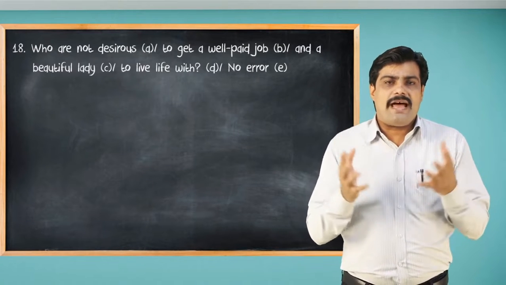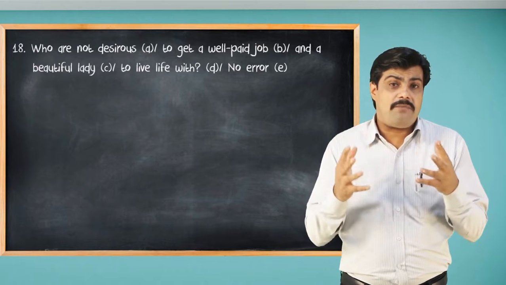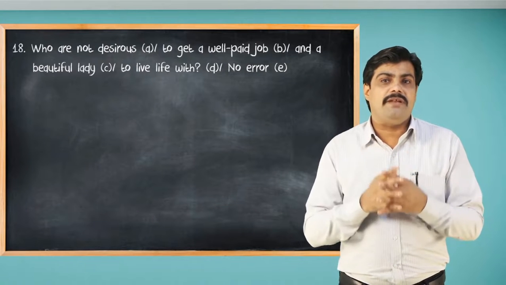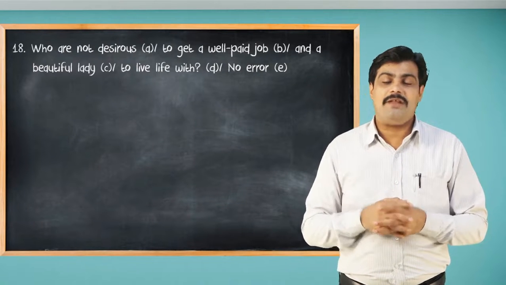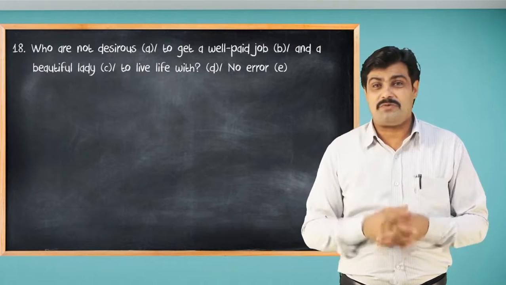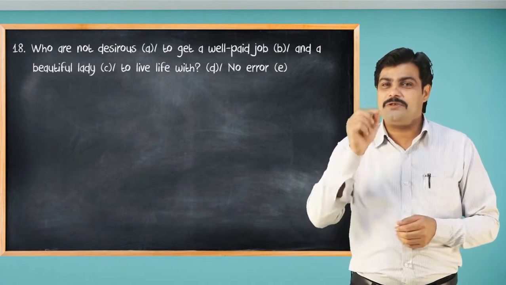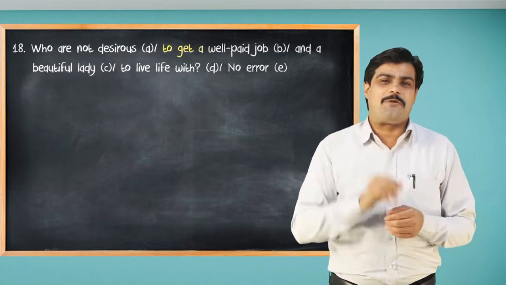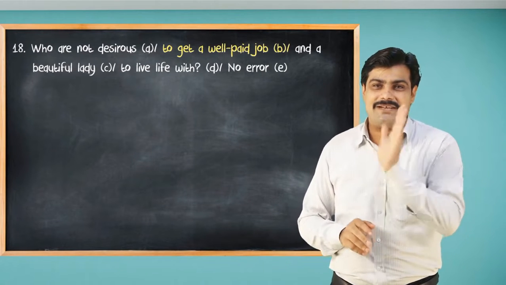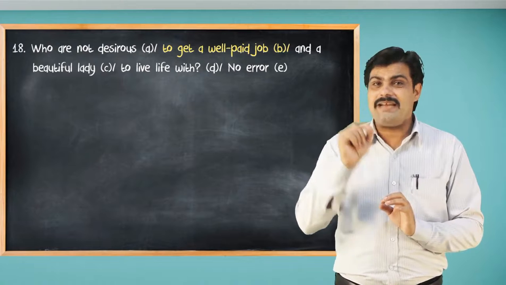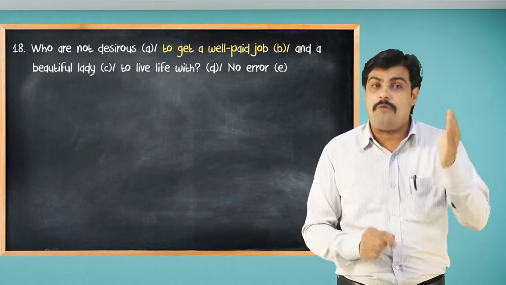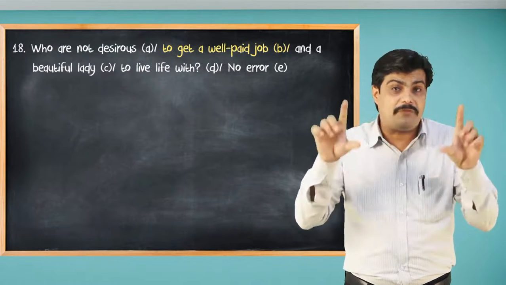Now let's take another sentence quickly. Who are not desirous to get a well-paid job and a beautiful lady to live life with? Anyway, what is the mistake in this sentence? What is the error? Now in this sentence, the use of preposition to in part B is wrong. Just after desirous, the word desirous takes a preposition of and a gerund form.